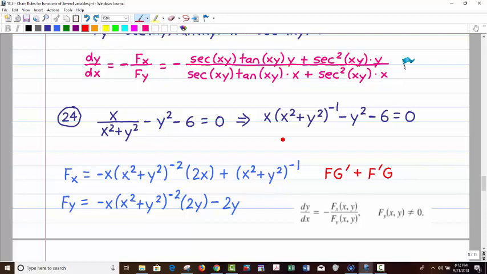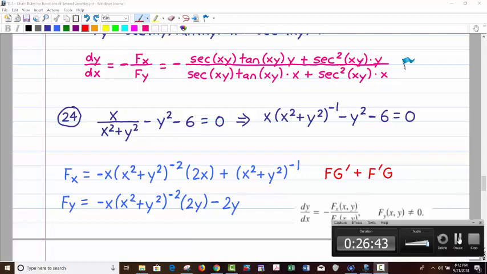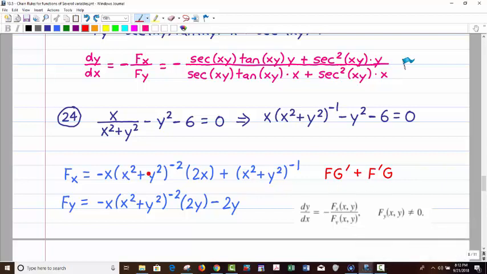So if I go f prime g, the derivative of x is 1, and let's see. I went f g prime. That's weird. I usually go, I wrote it right out here. Okay, thank goodness, because my normal instinct's to go f prime g. So let me stand corrected here.